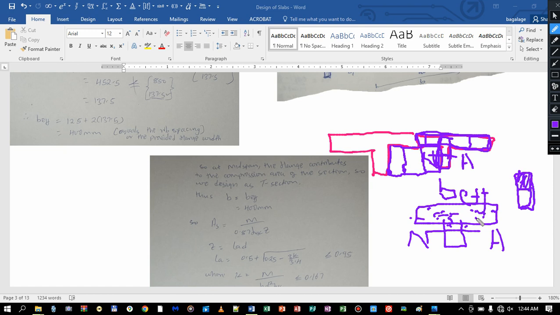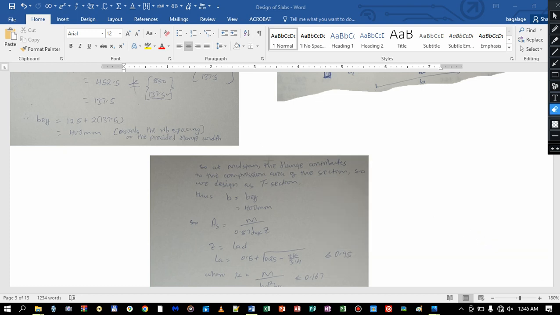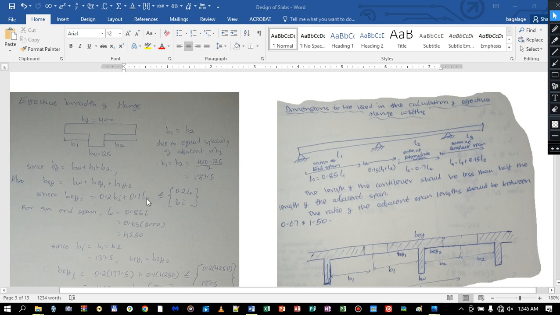We shall not have utilized this advantage of the flange, so we shall have just neglected it, and by this we end up with an economic design. Okay, so now let us head on to how to determine our effective breadth.